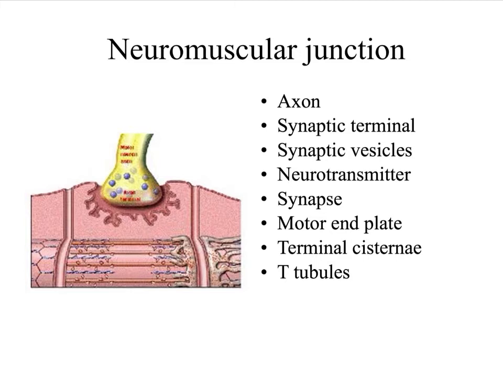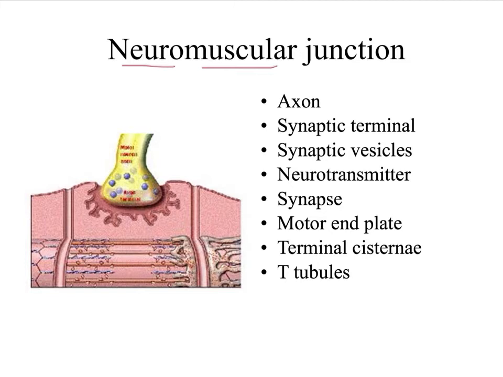So let's go ahead and look at the neuromuscular junction, basically where the nervous system meets the muscular system. In a nutshell, it's your nervous system that's driving the muscular system. So it's going to be transmitting information from the brain or the spinal cord down the nerves into the muscle to tell it what to do.